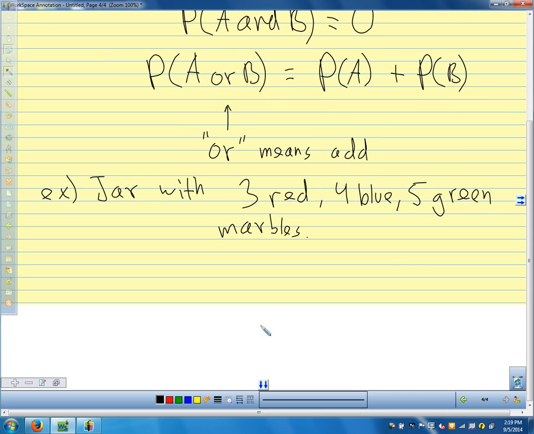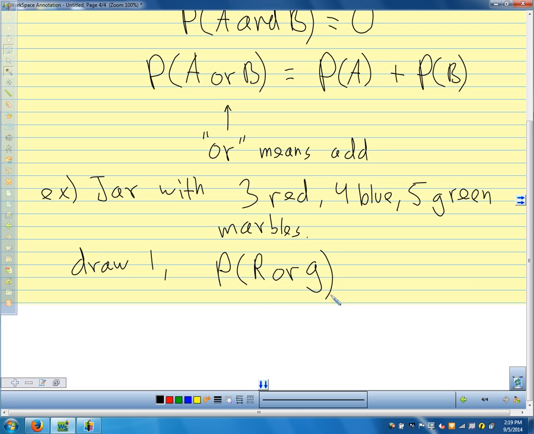We want to draw once, and we want the probability of red or green.